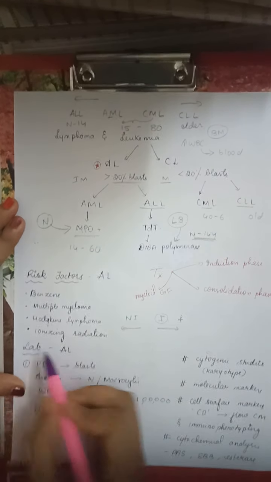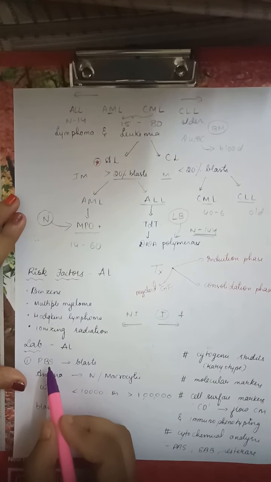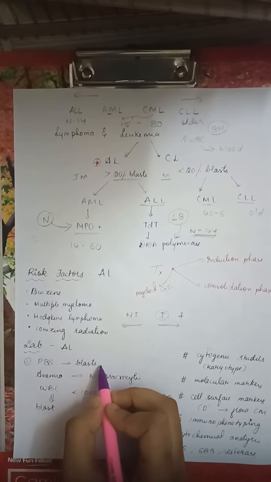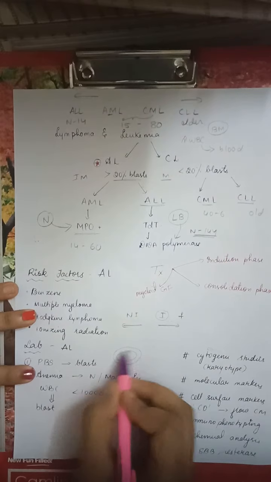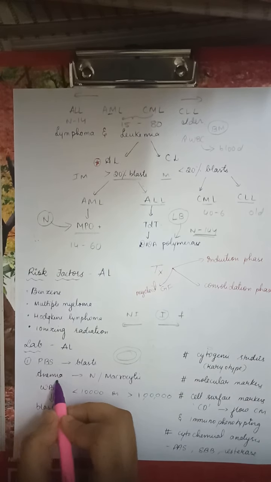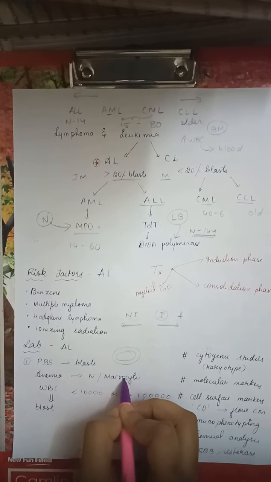Then coming to lab diagnosis, again the most important thing is peripheral blood smear, in which I told you we can see lots of blasts. These are ugly looking blasts. And there is anemia. I told you there is pancytopenia, therefore there is anemia, and it can be normochromic or macrocytic.